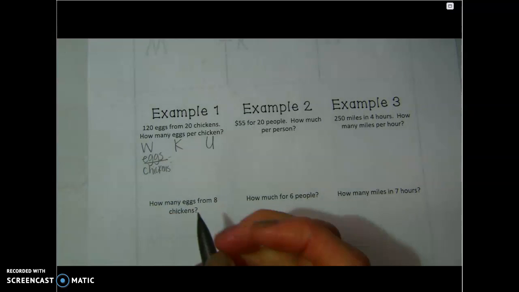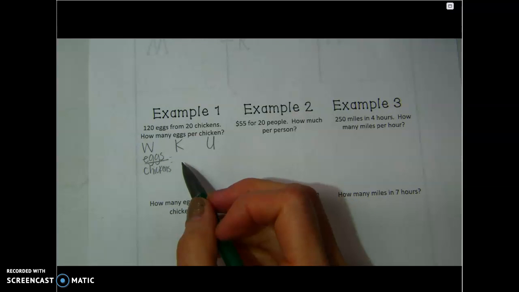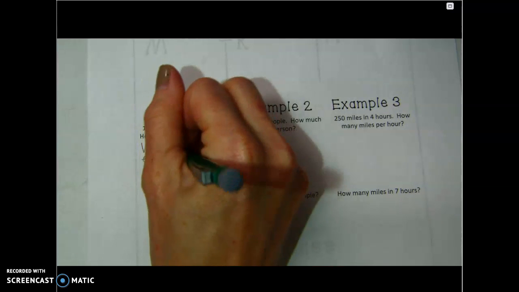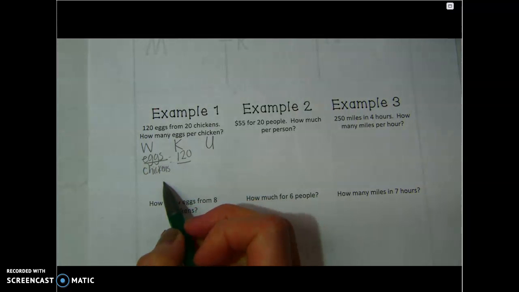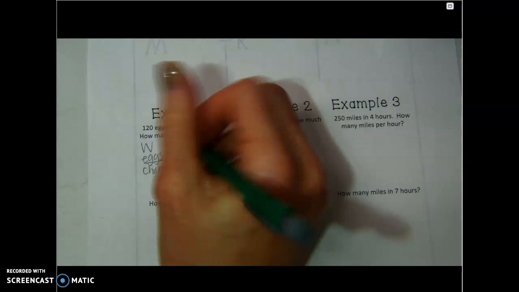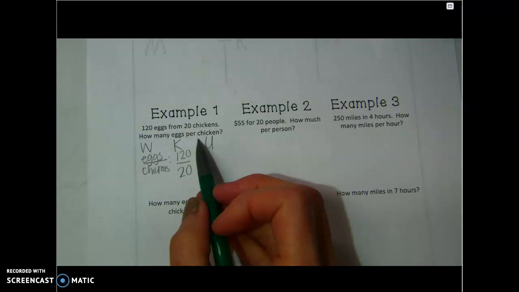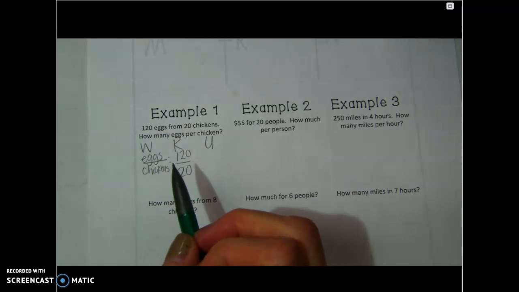Alright, so what does it tell us? How many eggs do we have and how many chickens? So 120 eggs, good. So 120 is going to be set equal to my eggs. And how many chickens do I have? 20 chickens, good. So we want to know how many eggs per chicken. So when it says per chicken, we're talking about per how many chicken? 1, right?